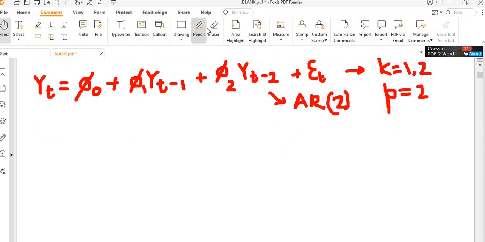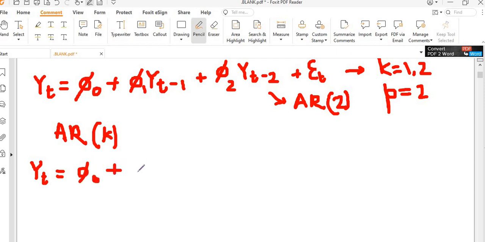Now that also wants us to know if we have a generalized autoregressive. So if we have AR k, what do I mean by that? K can take any value. I just want to get a generalized equation of an autoregressive data generating process. So I could write down y t is equal to phi naught plus phi 1 y t minus 1, and then it goes all the way.